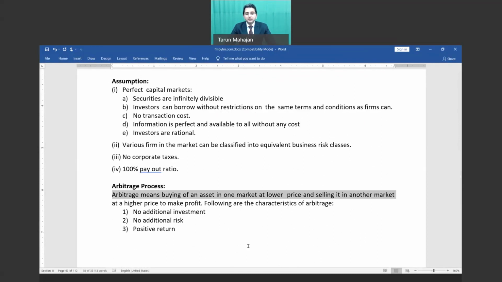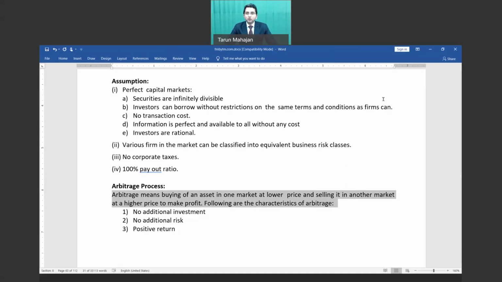Arbitrage means buying an asset in one market at a lower price and selling it in another market at a higher price to make profit. What is arbitrage? Buy cheaper and sell expensive.